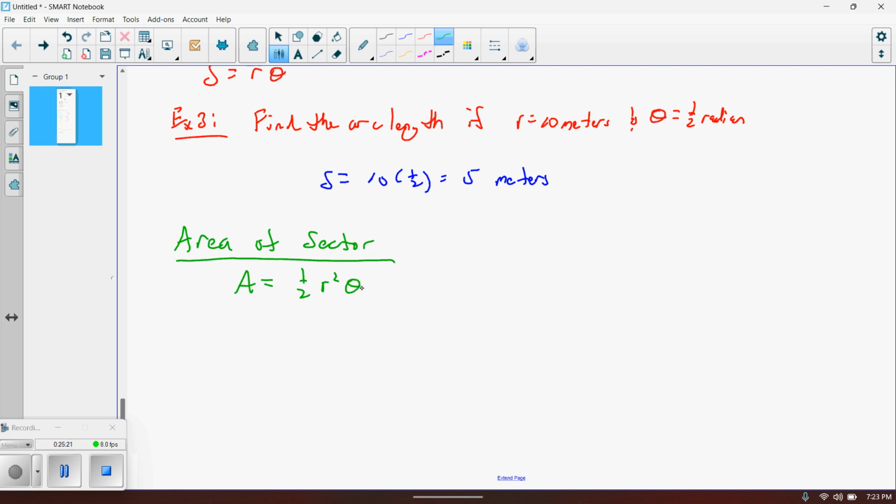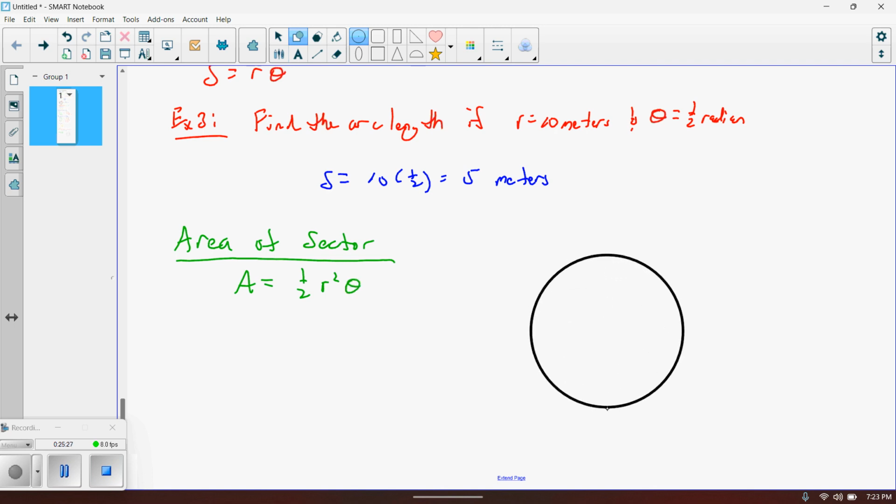So what does it mean by the area of a sector? Let me go ahead and draw my little circle over here again. There's the radius, and maybe I want to find the area of the sector right here. I'm talking about this space. How much area does that thing have? It kind of looks like a triangle, but it's not, because one of the sides is curved.